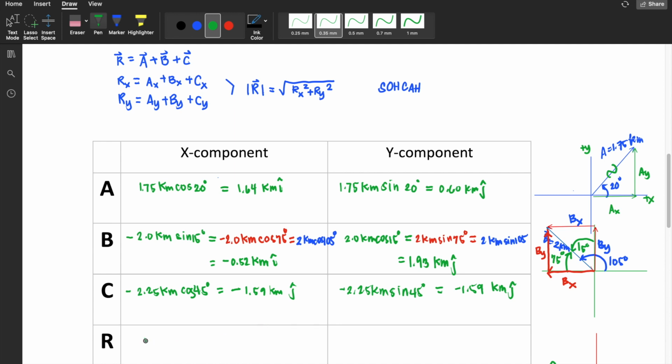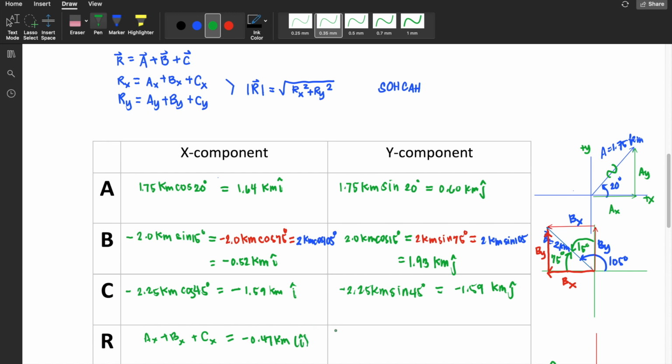So we'll write it as Ax plus Bx plus Cx, which is negative 0.47 kilometers i hat.